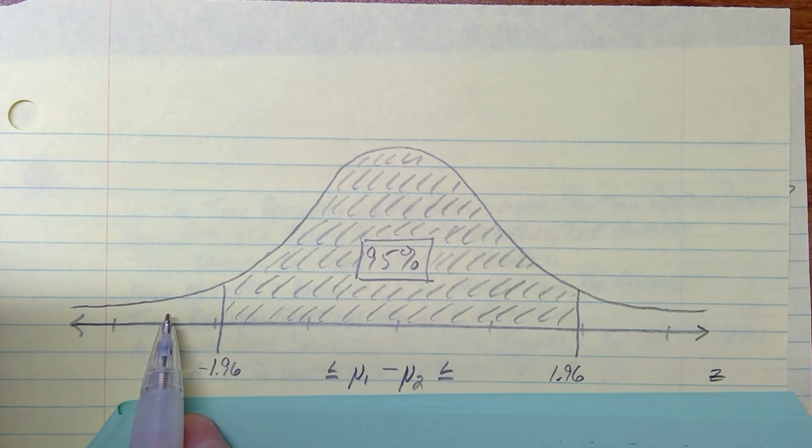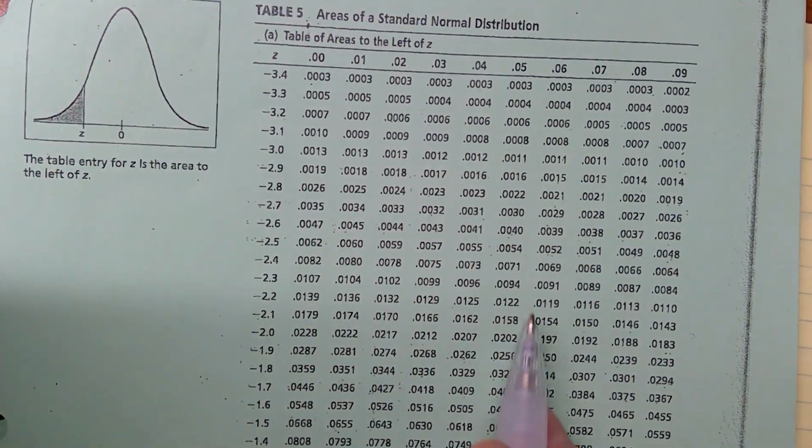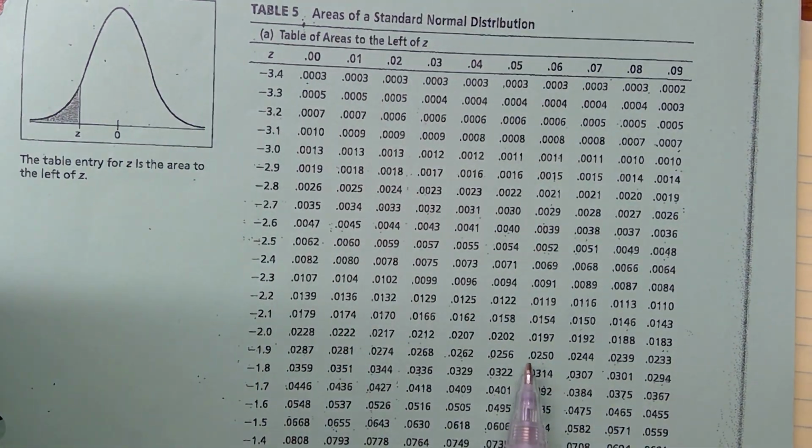If this is 2.5%, that's 0.025. I'm looking for a negative z number that has an area to the left of 0.025. So I grab my z-table here and I look for an area of 0.025. There it is right there.